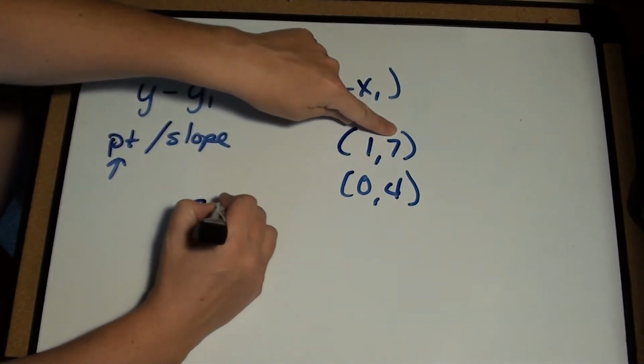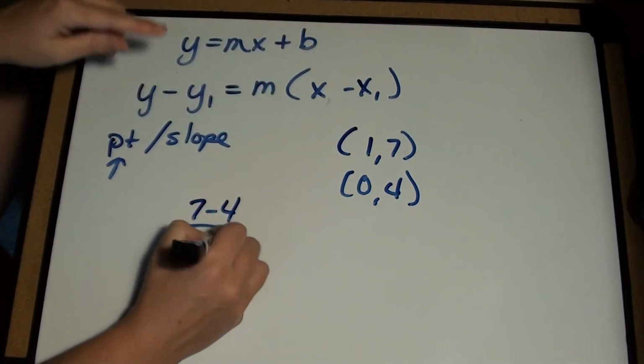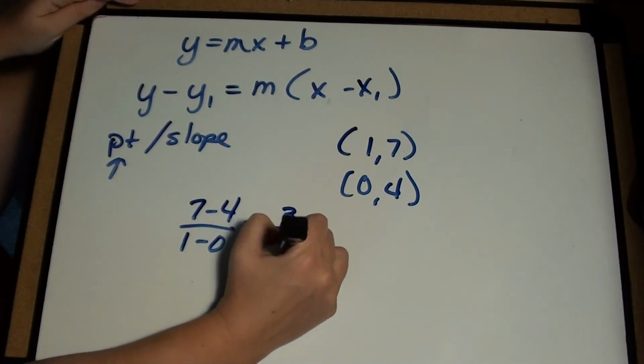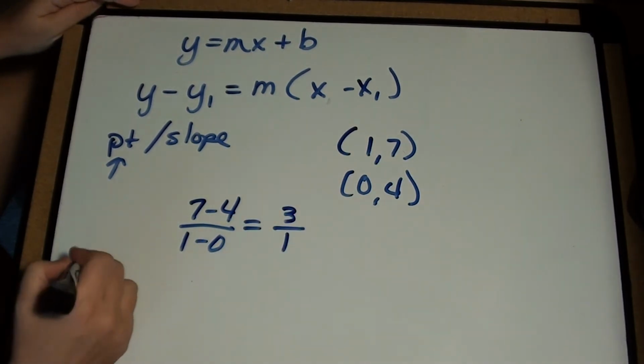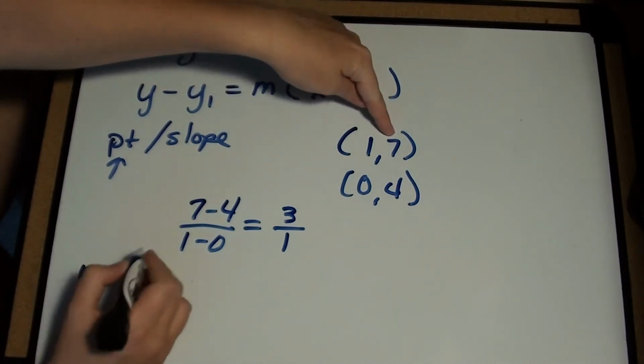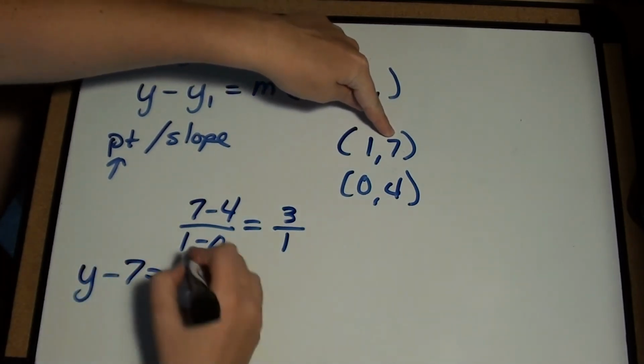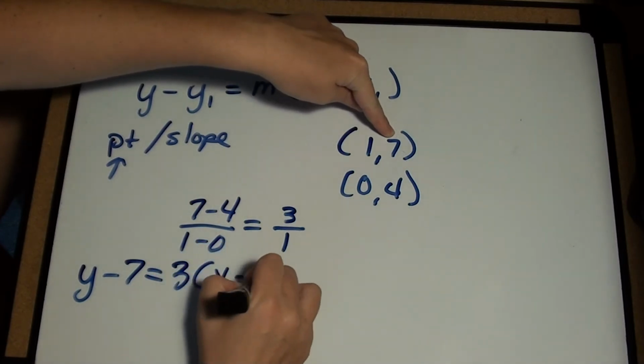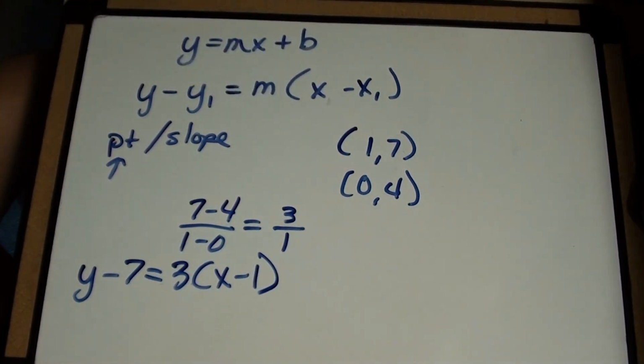So 7 minus 4 over 1 minus 0 would give me 3 over 1. So my slope is 3. So I have y minus, I'm just going to pick this point, there's my y value, equals 3 times x minus my x value. Done.